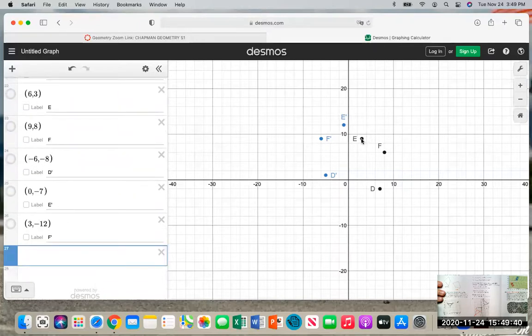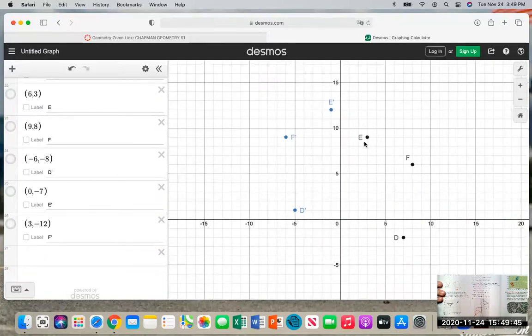It looks like if I take E and I shift it left 1, 2, 3, 4, it would be right below E prime, right? It looks like F, if I shifted it left 4, 1, 2, 3, 4, it's not right below F prime.